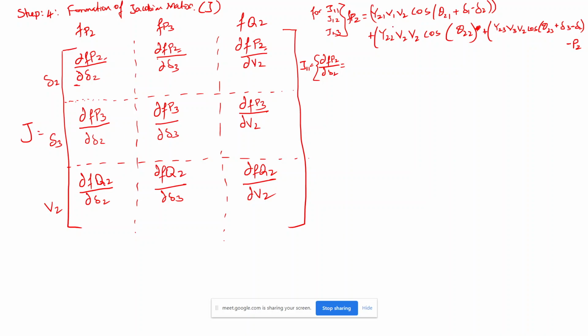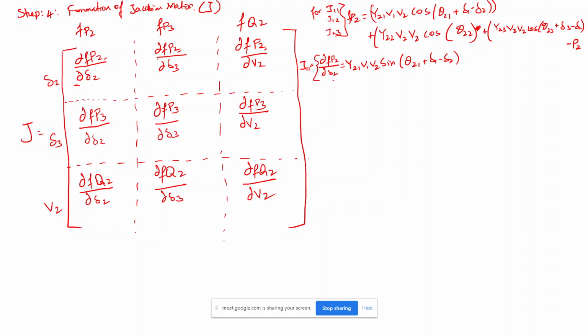So it will be Y21 V1 V2 sin theta 21 plus del 1 minus del 2. Because this cos gives a minus sign and already one minus is there, multiplying gives plus, so only the cos becomes a sine here.